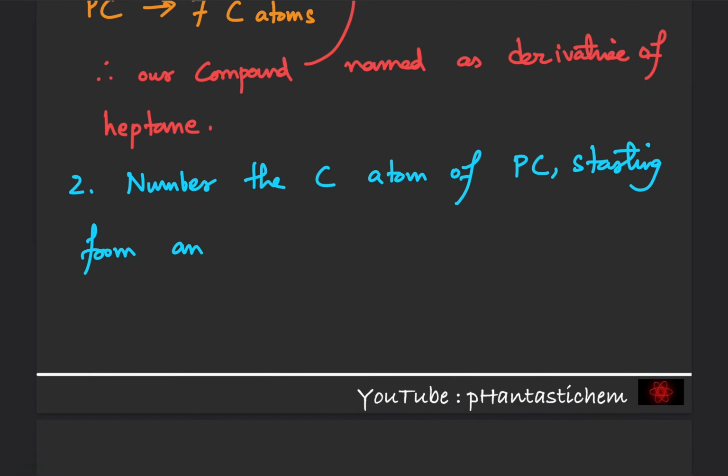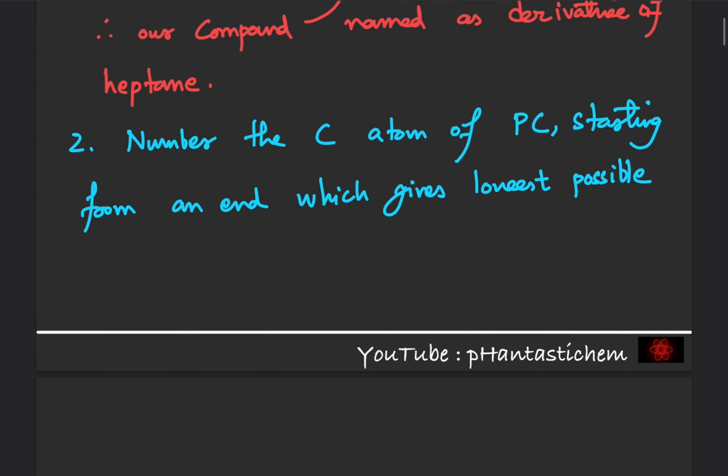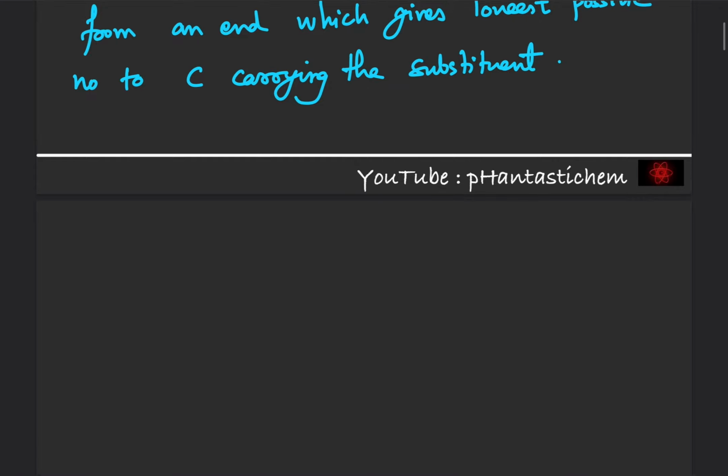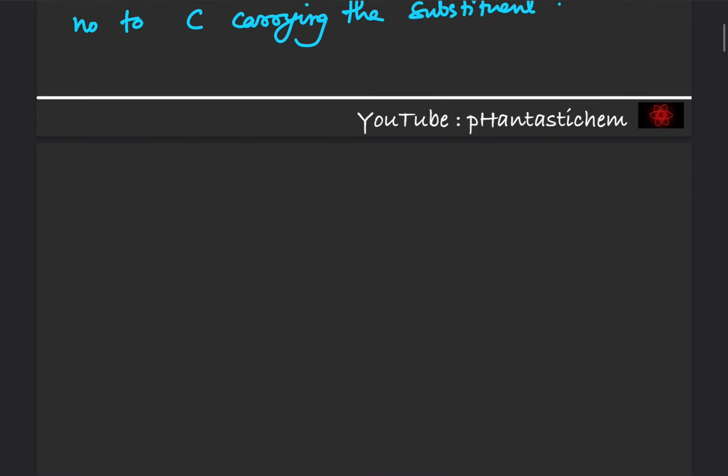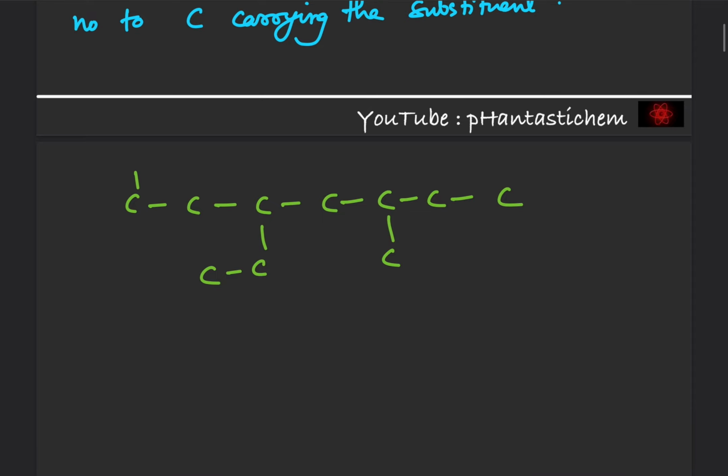Starting from an end which gives the lowest possible number to the carbon carrying the substituent. Therefore in our case numbering can be done in two ways. This is one way, where we start from the left end.